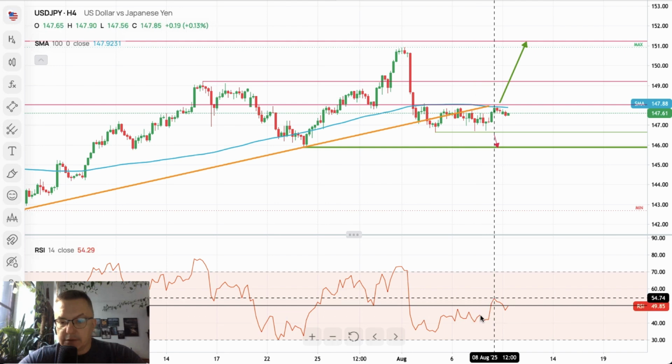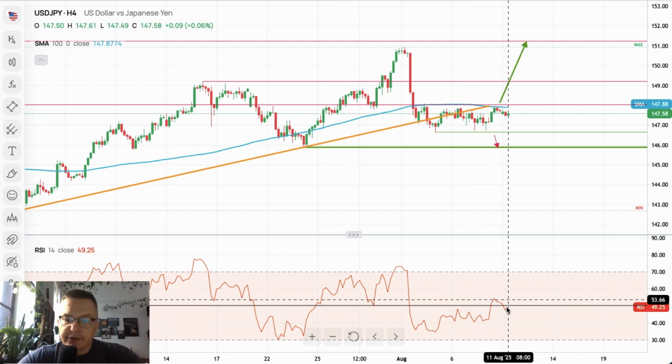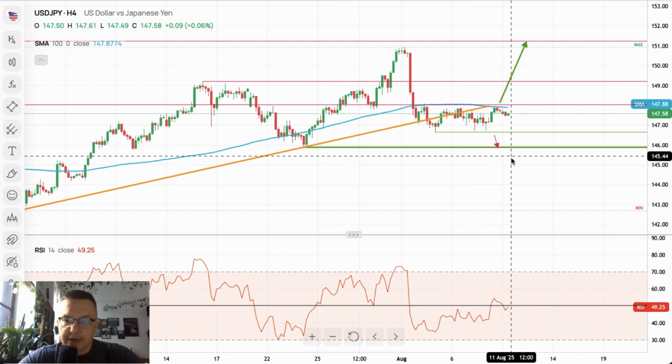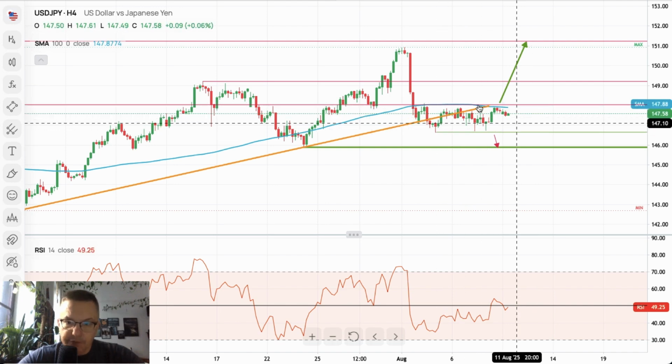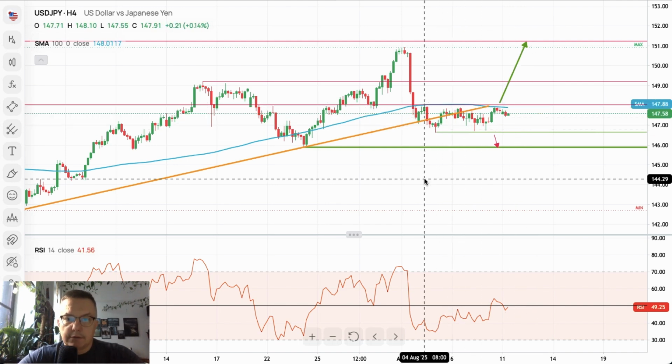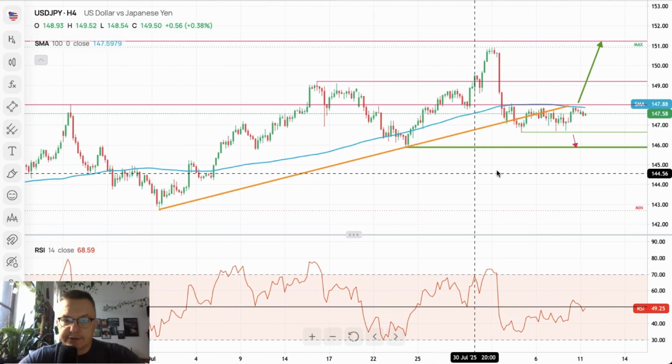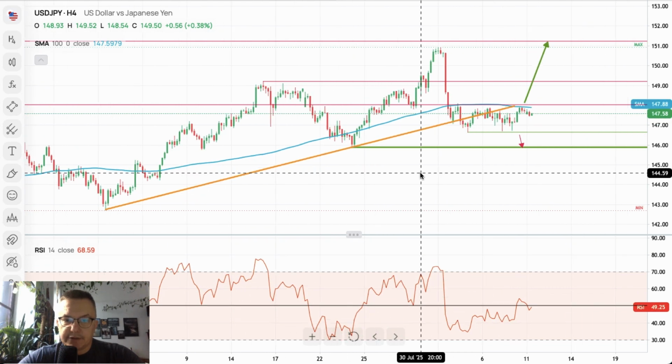Currently the momentum is neutral, hovering around the level of 50, so neither bulls nor bears are in charge of this market. That's a very interesting situation, because we are waiting for a breakout out of this range, right? If we zoom out, we can see straight on, this is our situation here.